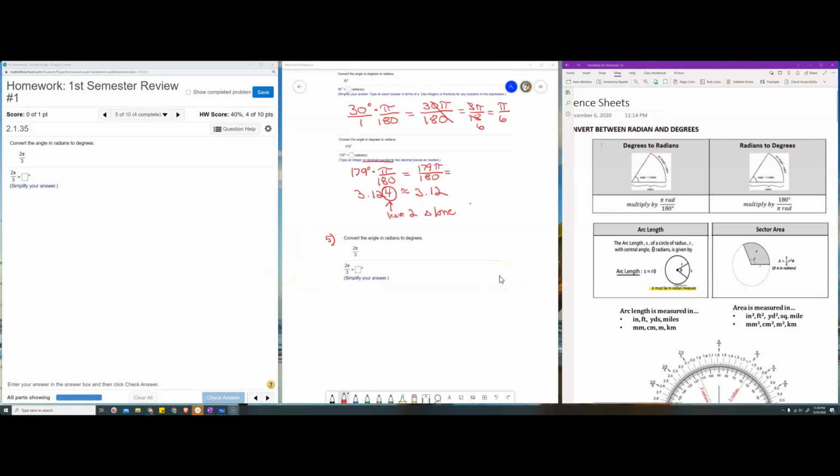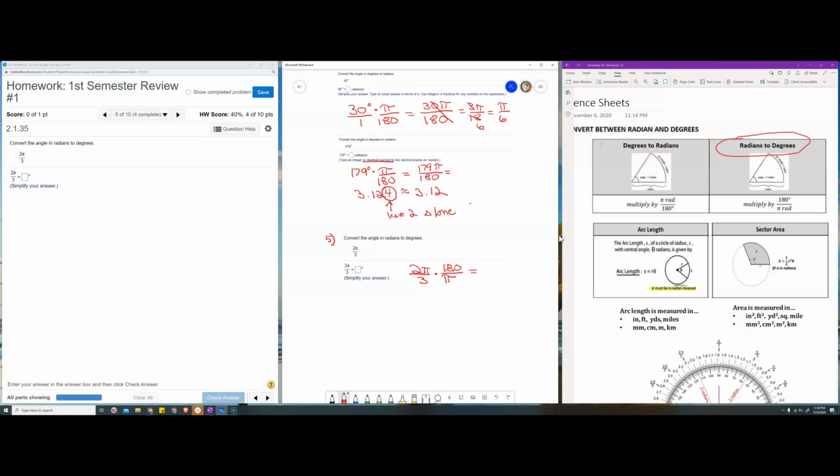Convert the angle in radians to degrees. So I go over to my formula here, and now I'm going to use radians to degrees. So I've got 2 pi over 3 times 180 over pi.